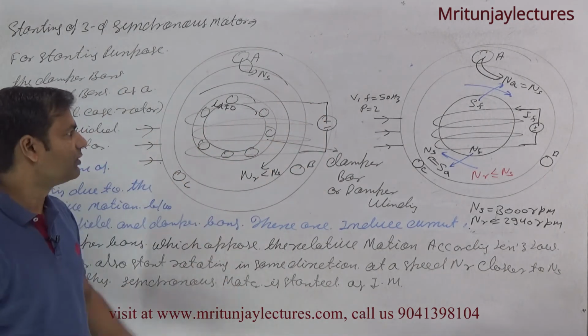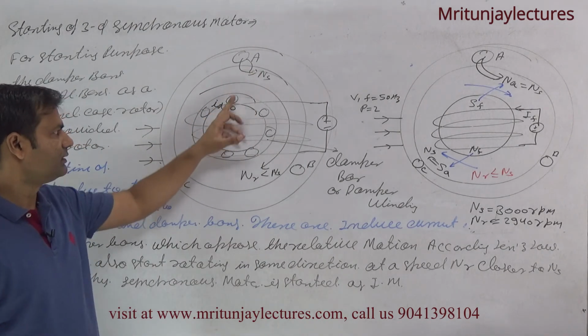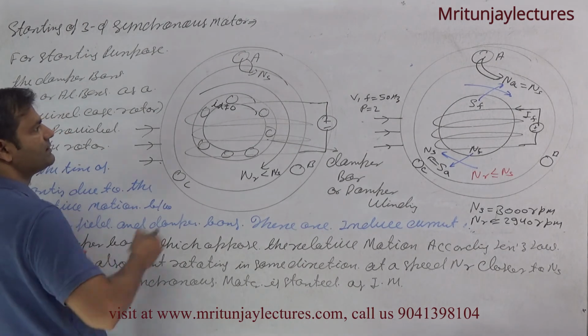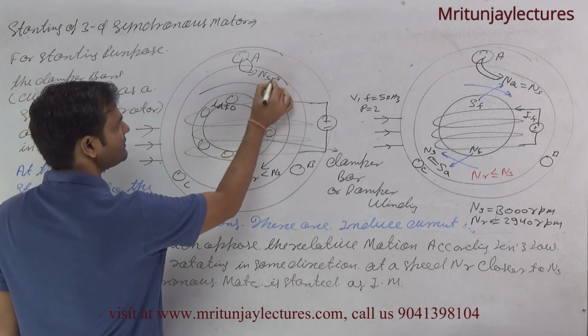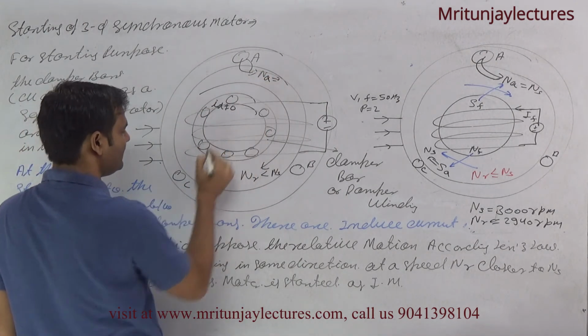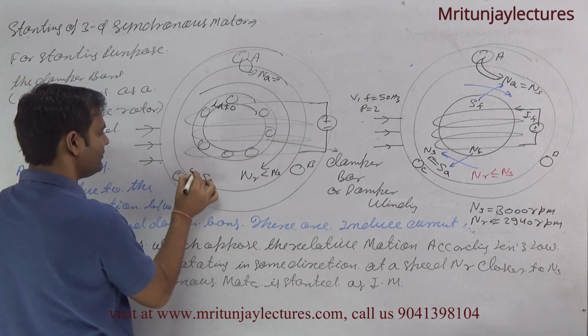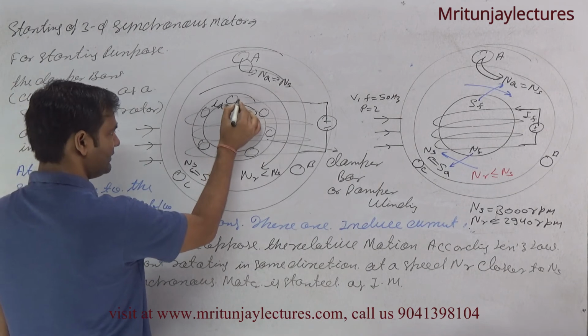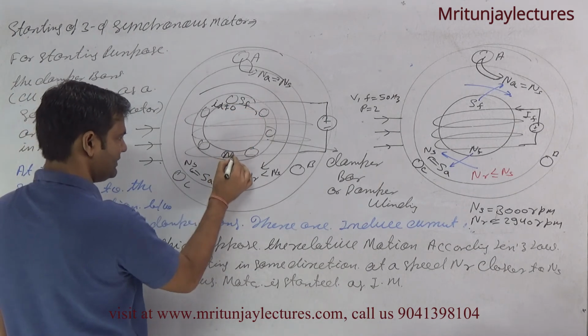then locking happens between this one and this one. Suppose this is NA and that is SA, which has speed NS, and that is also NS, so created corresponding to SF and that is NF.